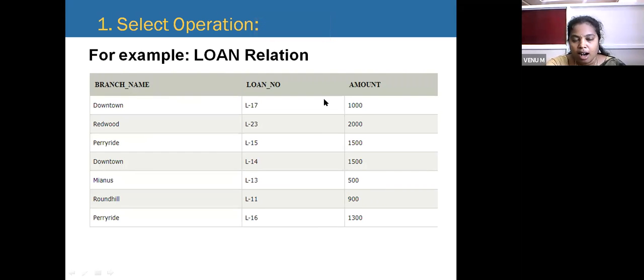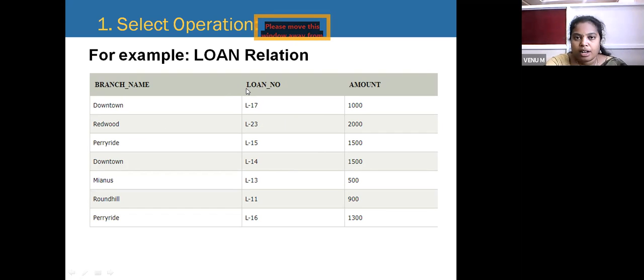Here branch name, loan number, and amount are the column names in the loan relation. Now I want to display the branch name Perry Ride. With the name Perry Ride, which branch rows are available? What is the data related to that specific branch? So what is our condition?